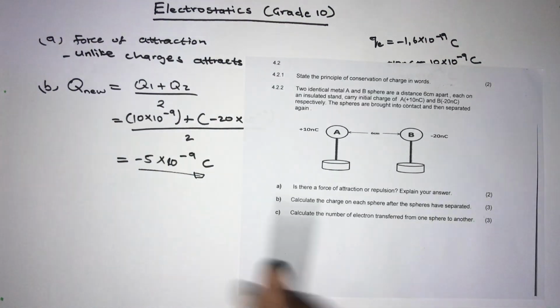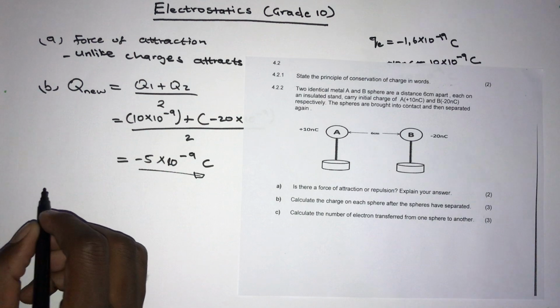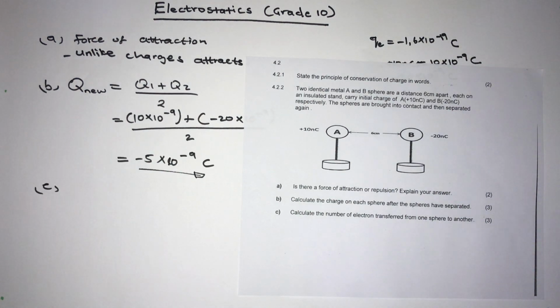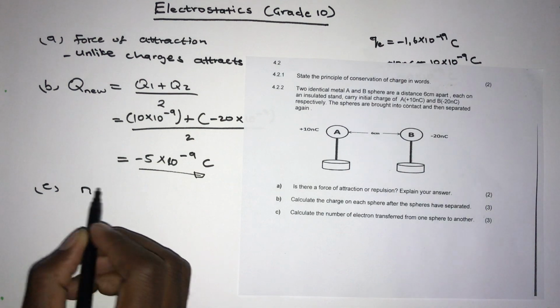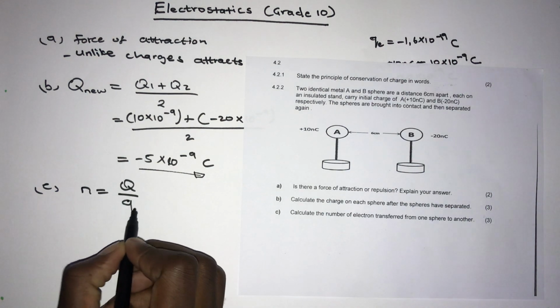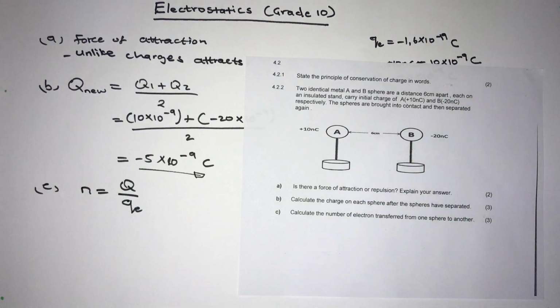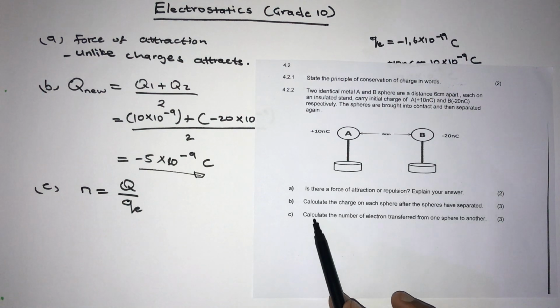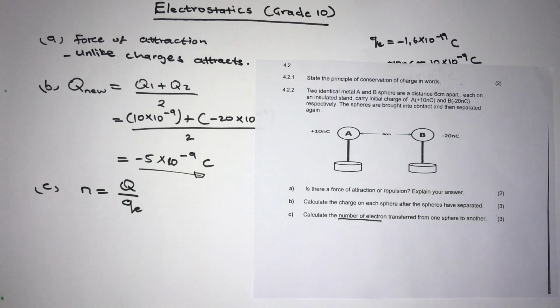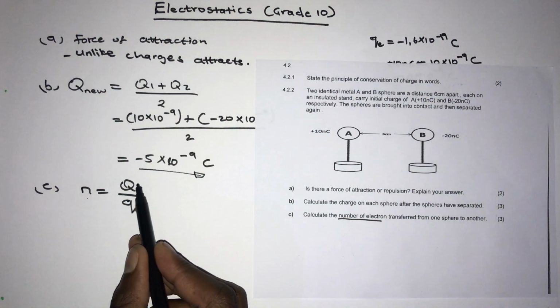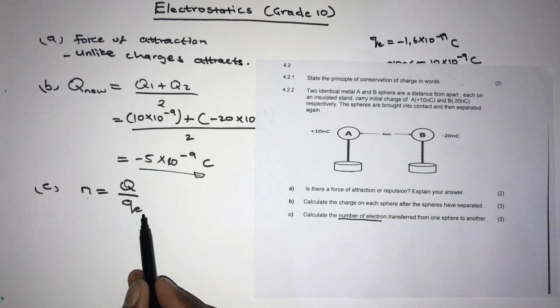So to calculate the number of electrons, we must deal with the formula with electrons on it. So the formula says N is equal to Q over QE. This is the number of electrons, this is the charge, and this is the electron charge.